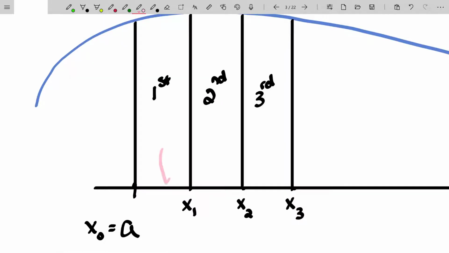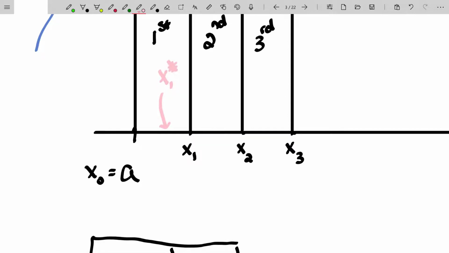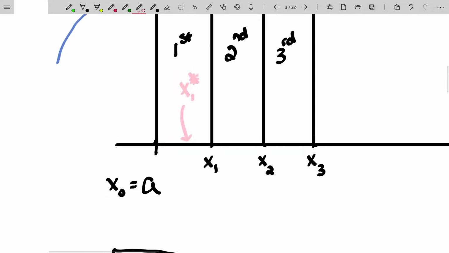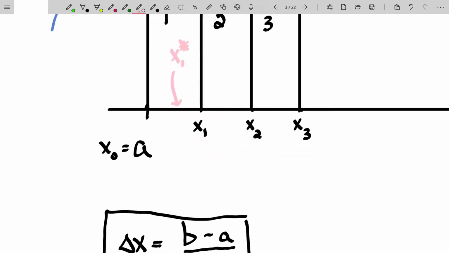So let's pretend as though we chose a value right here. It's not the midpoint or anything like that, but we'll just call it X sub 1 star. In other words, it's some weird kind of sample point between X sub 0 and X sub 1, but it's not necessarily X sub 1, nor is it necessarily X sub 0. It's just some sample point in that interval. So X sub 1 star is just a sample point in the interval X0 to X1.